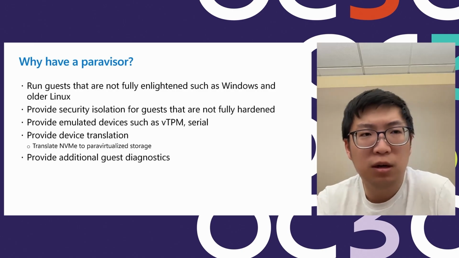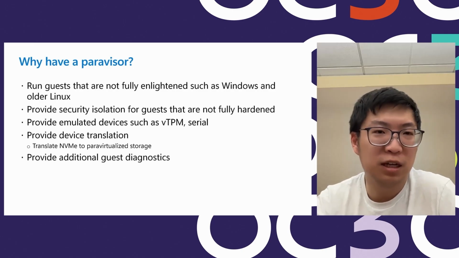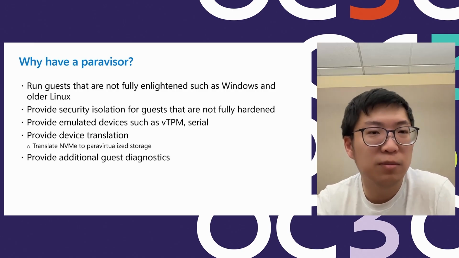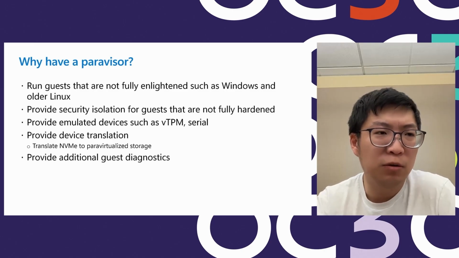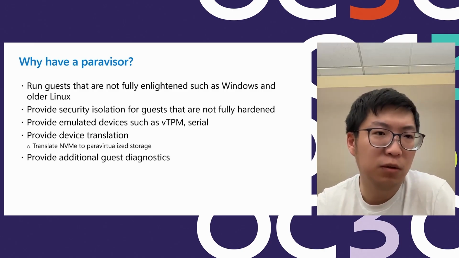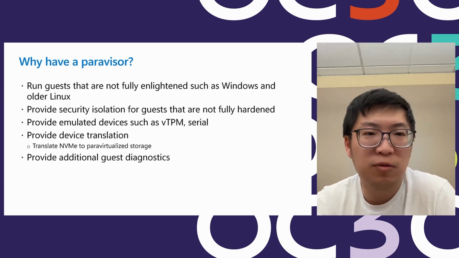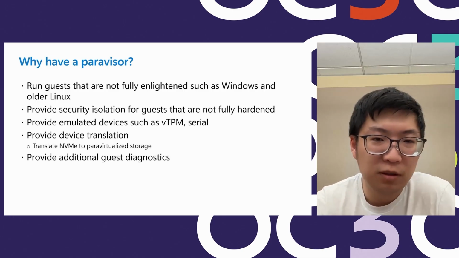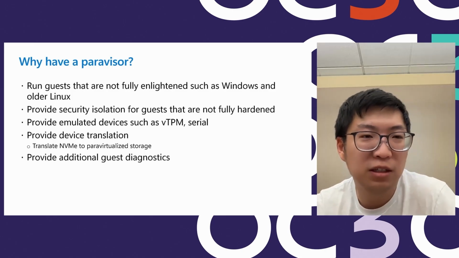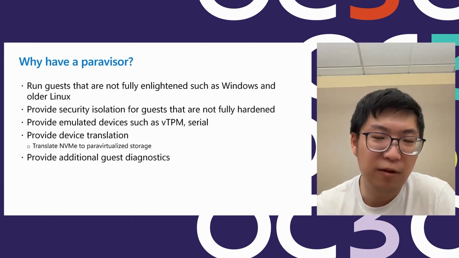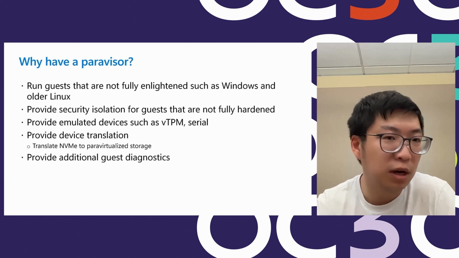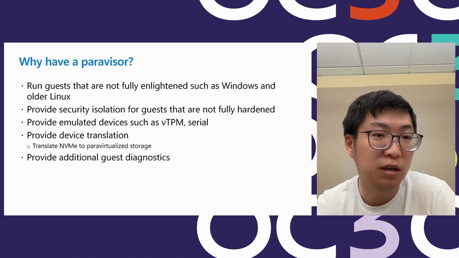But a lot of these things are pretty invasive to the guest OS. Doing interrupts correctly requires a lot of specialized code that is pretty hard to retrofit into older operating systems. So you can use a Paravisor to provide interrupt virtualization and to filter devices that may not have fully hardened drivers in the guest. A lot of drivers traditionally trust that the hardware is not malicious.